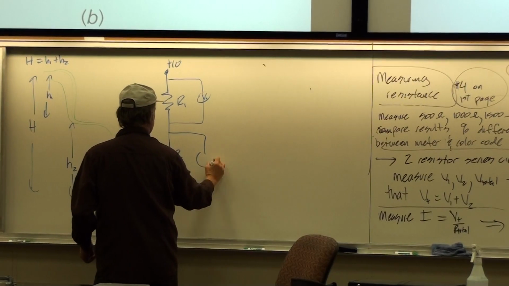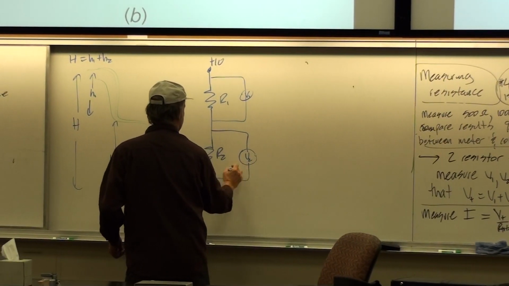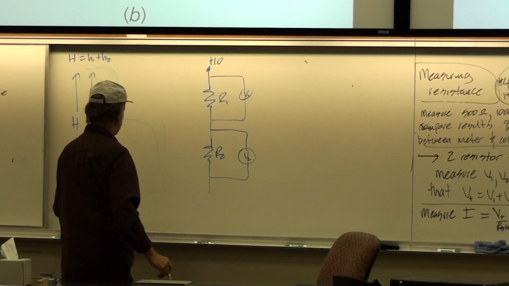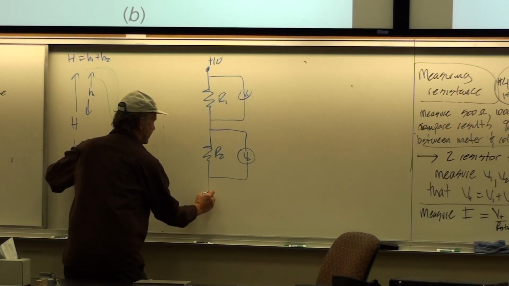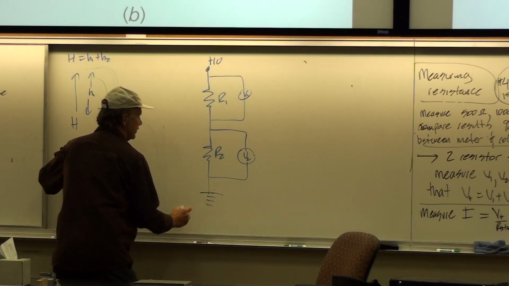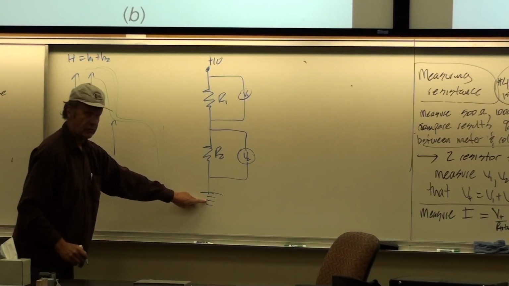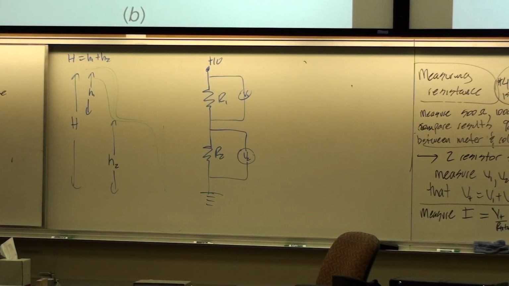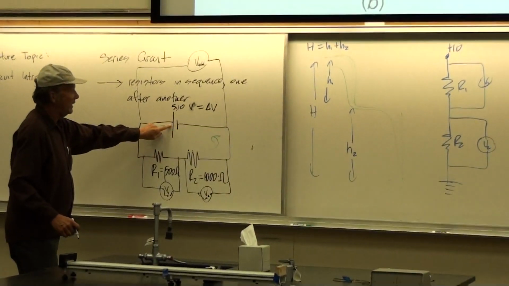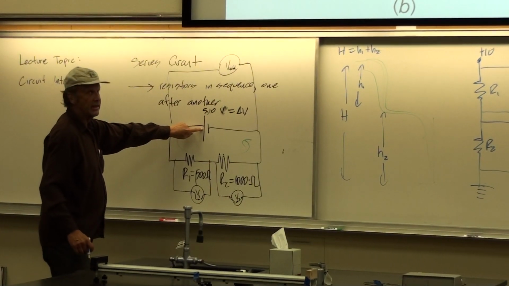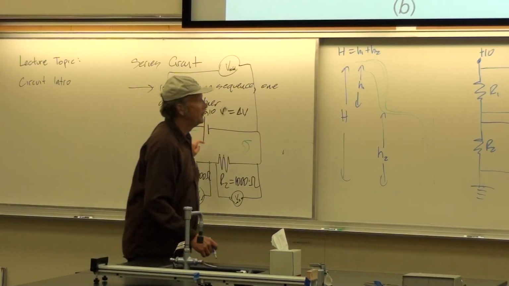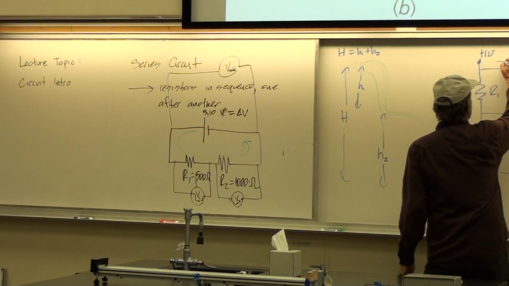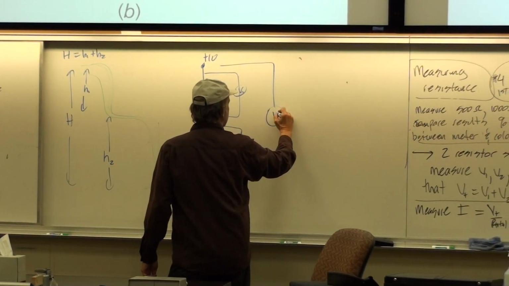And then this drop in voltage there is like our V2. That's like the drop to this height. And then down here, this is zero potential, and so we sometimes write that as ground. And then if you stretch your circuit out like this, then the ground side is just this side, and the hot side is that side, where I got the dot. And so then the total is just V1 plus V2.